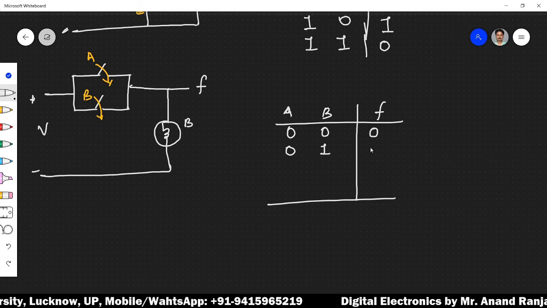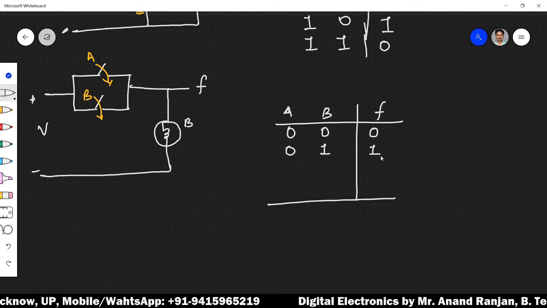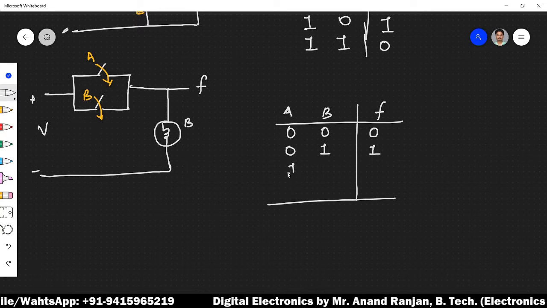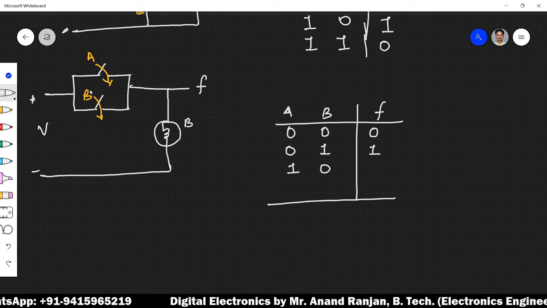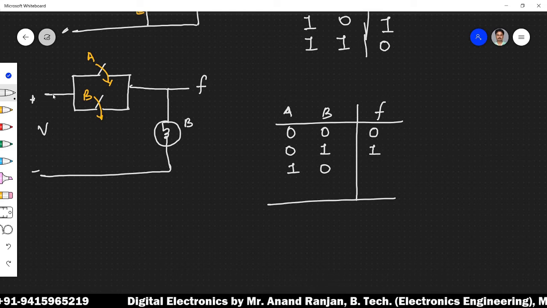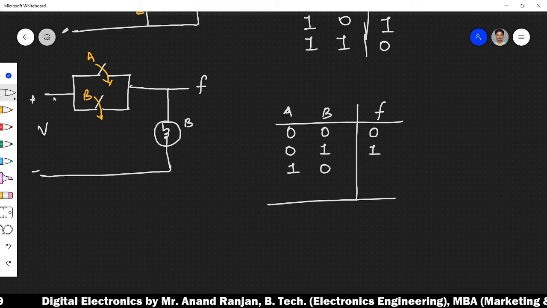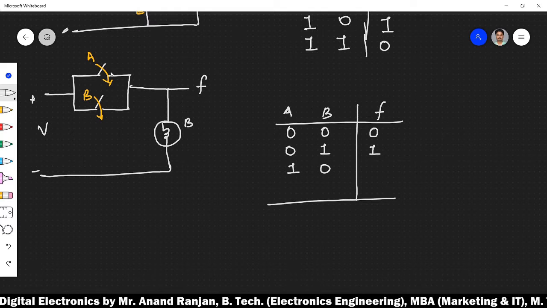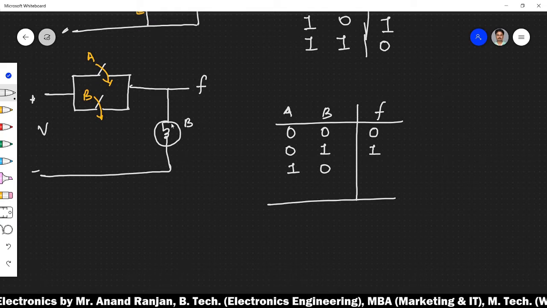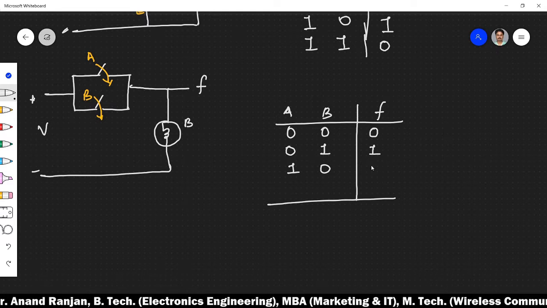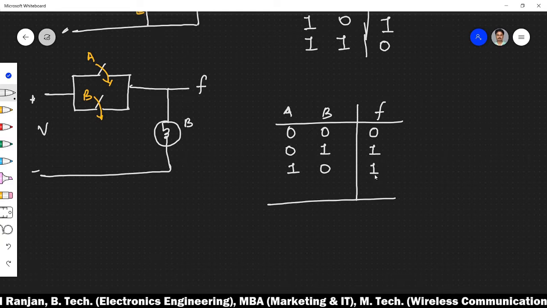So you can write F as 1. Thirdly, if A is closed and B is open, then in this case also we have one path for the current, and it will glow the bulb. So we can write function F as 1.